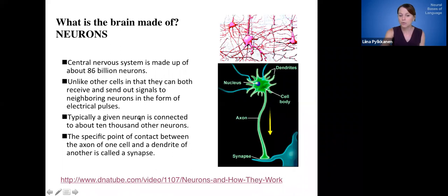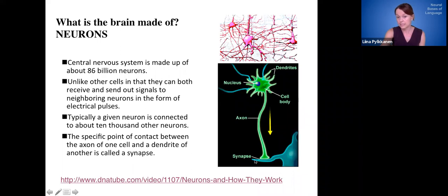The axon is a long part of the neuron that transmits the signal from one place to another. The contact point between the axon and the next nerve cell is what we call a synapse. Here's a picture of a nerve cell. We have a cell body, then this long structure, the axon, and then the next nerve cell over here.